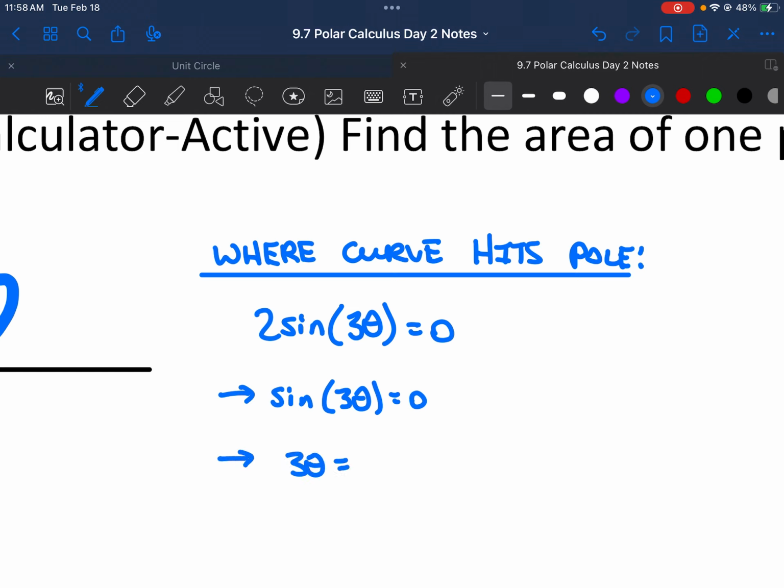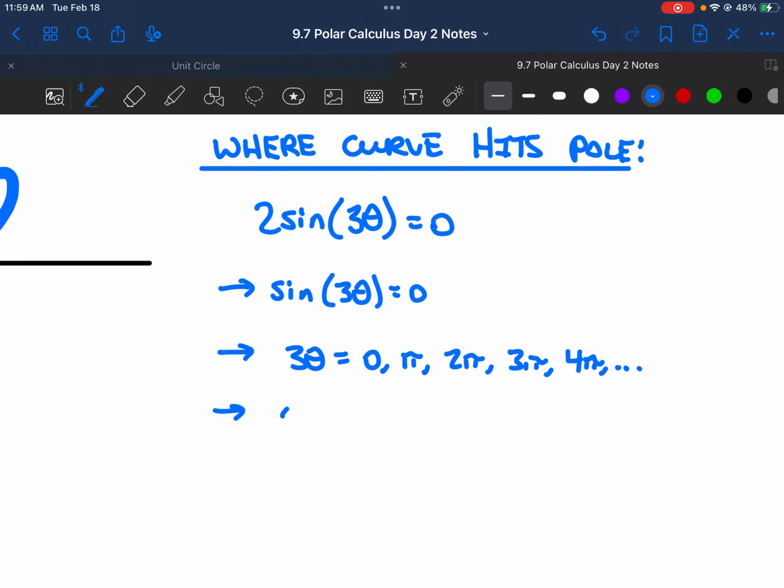So 3 theta is equal to 0, pi, 2 pi, 3 pi, 4 pi, and so on. Divide all those by 3: 0, pi over 3, 2 pi over 3, pi, 4 pi over 3, and so on.